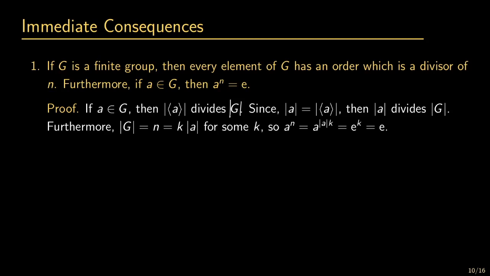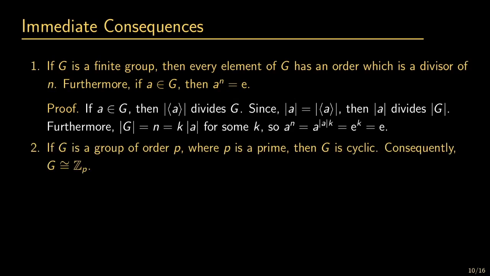It's the order of A. So, by definition of order, A raised to N is A raised to the order of A times K. But, you know, A raised to the order of A, by the law of exponents, is identity. Ang A, pag na-raise mo siya sa kanya order, maging E, di ba? E raised to K is just E. So, pag meron kang group of order 39, lahat ng elements na-raise mo sa 39, lahat yun magiging identity.